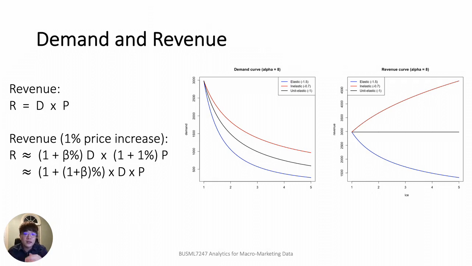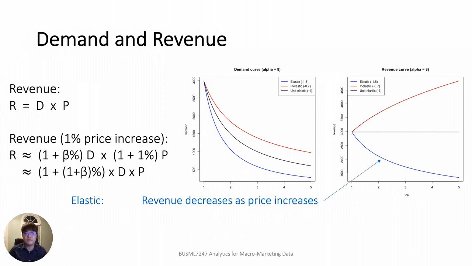You can see the elastic curve shows much larger demand drops in response to price increases than the others. And how about the revenue? From the equation, beta of the elastic demand is less than -1. Thus, 1 plus beta is negative.